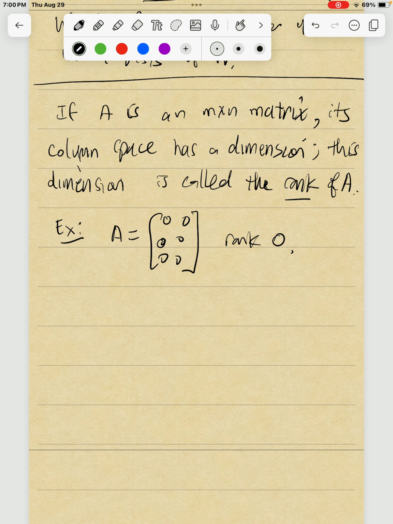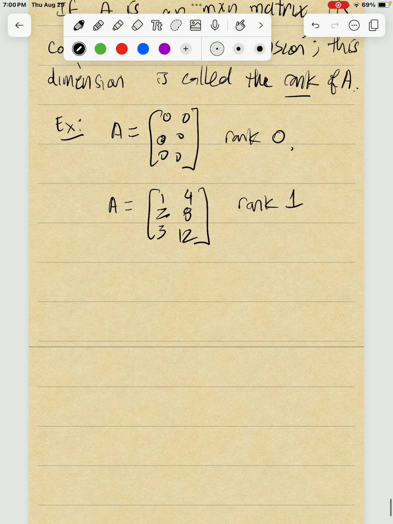So anyway, this matrix has rank 0, and if you have this matrix, 1, 2, 3, 4, 8, 12, then I see that these two column vectors are scalar multiples of each other, and so I really have one linearly independent vector, so my column space has dimension 1, therefore the matrix A has rank 1.